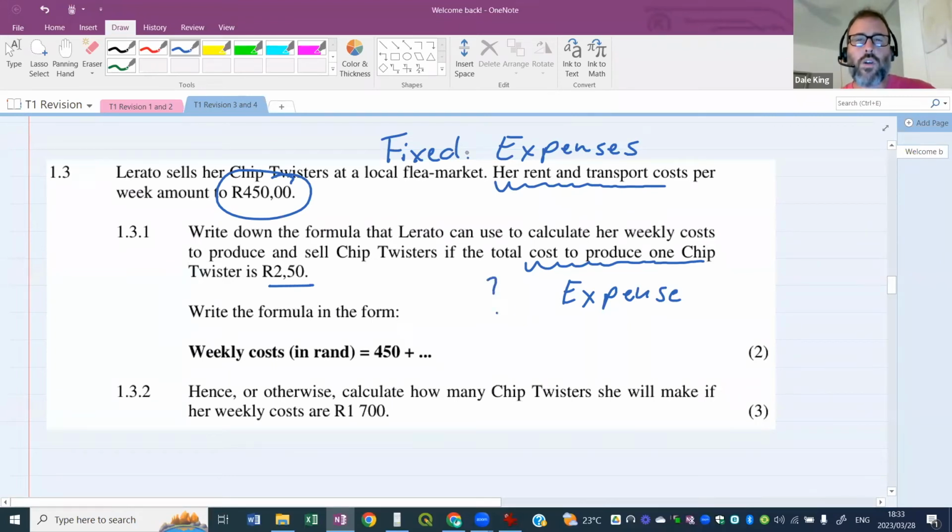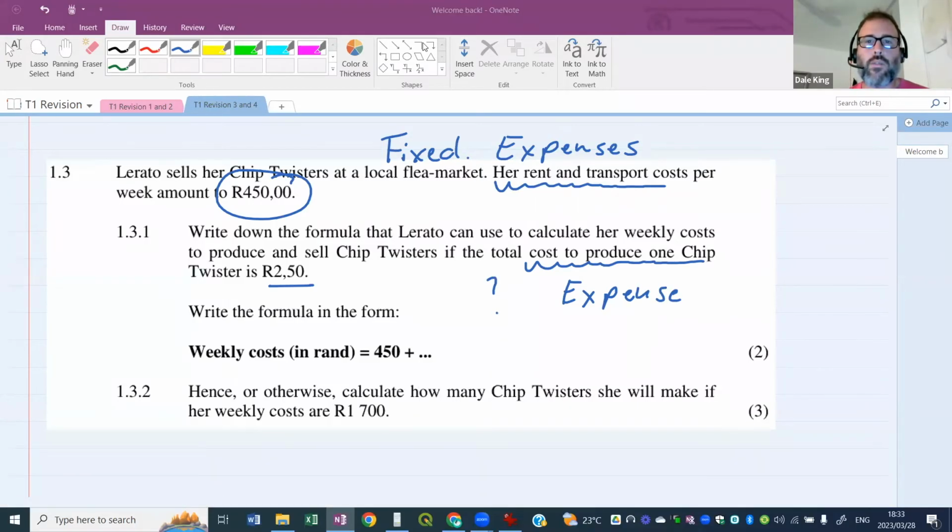Good. If the top ones are fixed, is the cost to produce one chip also fixed? Think about this. In 1 week, will the number of chips that she produces be fixed? Will she sell the same amount of chips every week? That's a big clue for you. Variable.